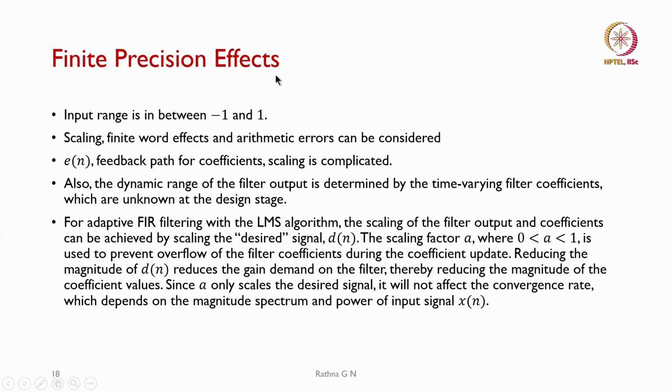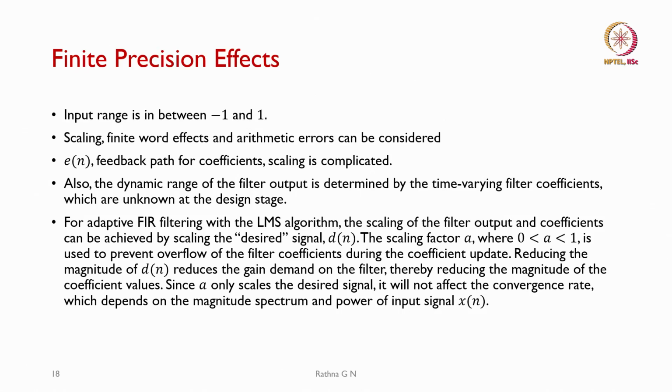The next one is the finite precision effects one has to consider. We have seen this effect in the case of the IIR filter, and the same thing we will be using. We have assumed the input is in the range between minus 1 and 1, so we will be scaling our signal so that, if it is a sine wave, the magnitude is between minus 1 and 1.